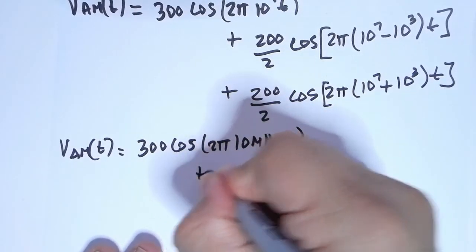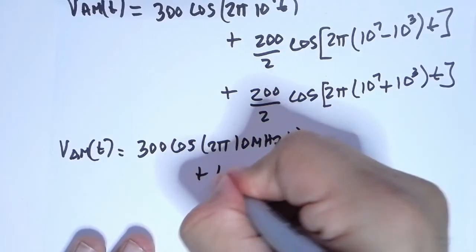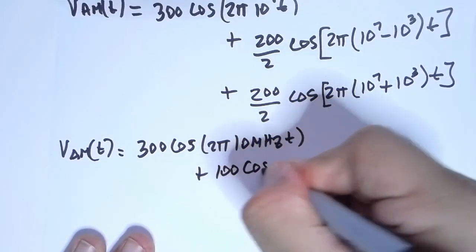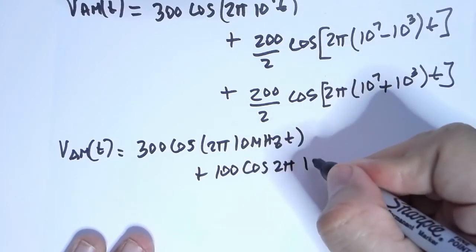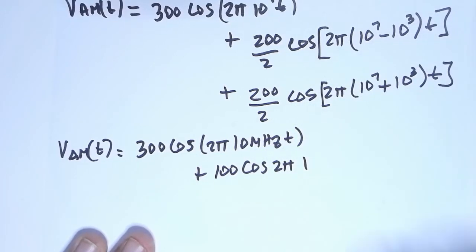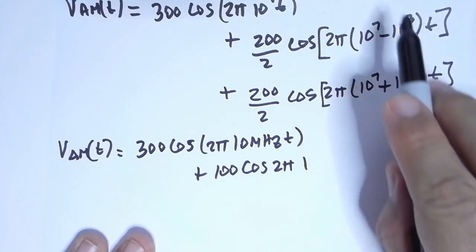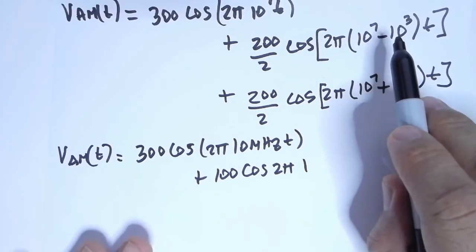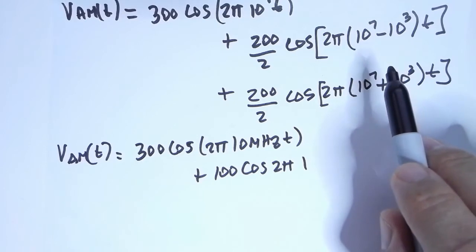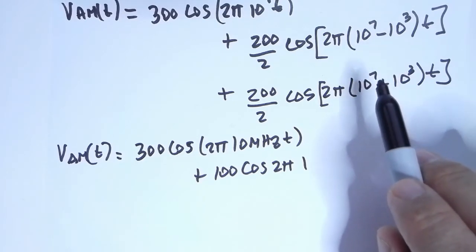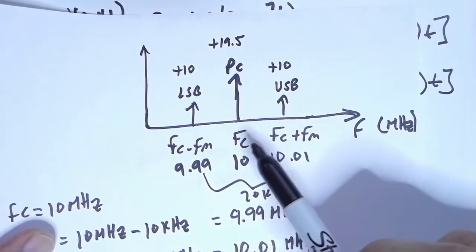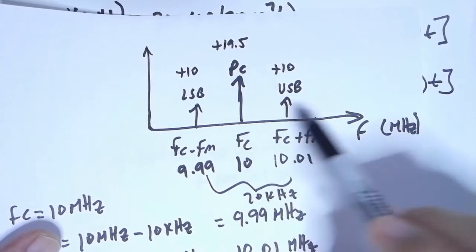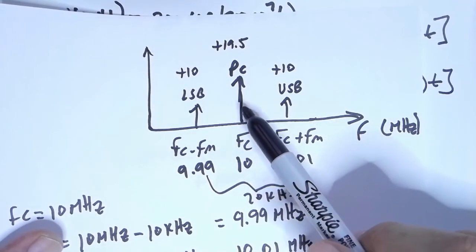plus 100 cosine of 2 pi of 10 megahertz minus 10 kilohertz. Here is the spectra output for the modulation signal, we have 3 tones.